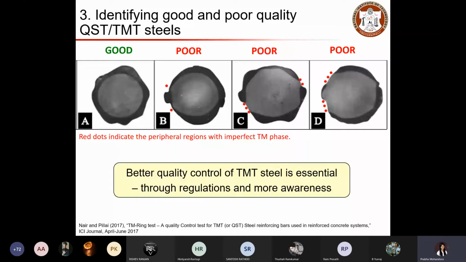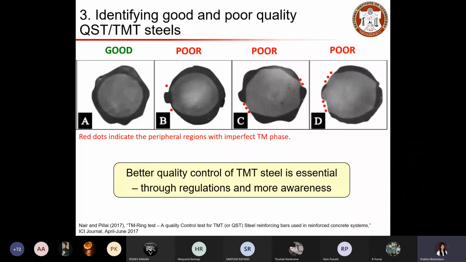Whereas poor quality rebar shows some indications where you do not have a proper outer ring formation, and in this case the thickness is too small in this region compared to other parts of the rebar. Here you can't see the outer phase at all at these dotted lines. In these portions there is no outer hardened periphery.